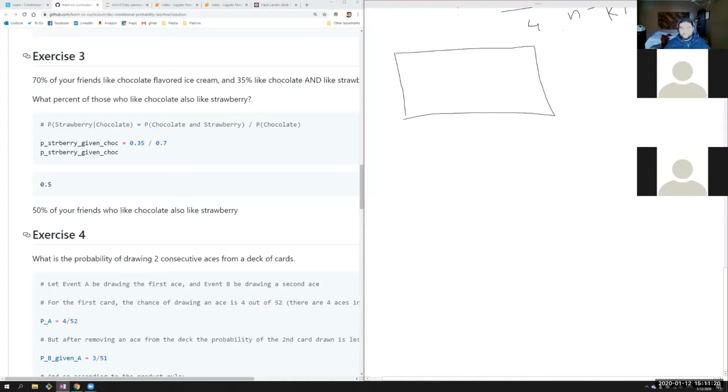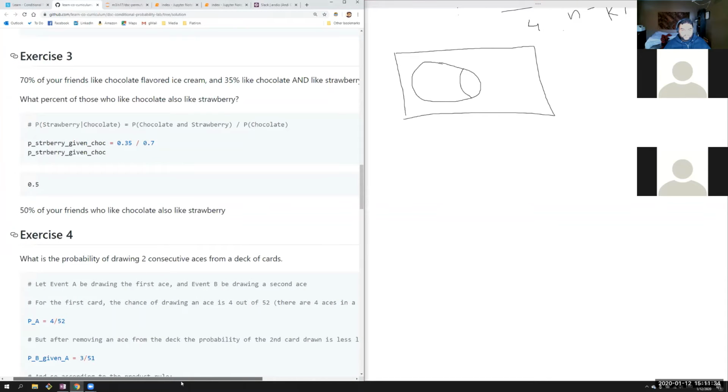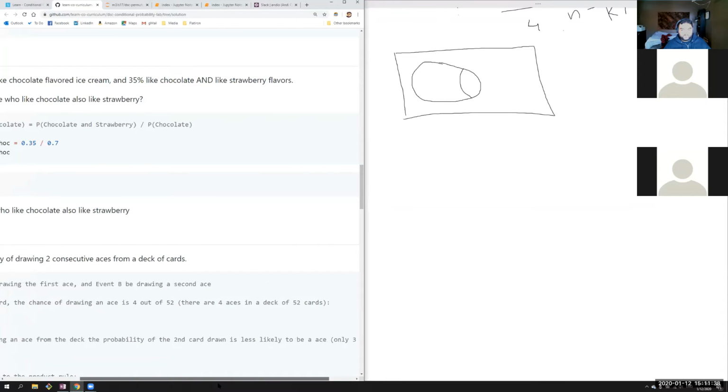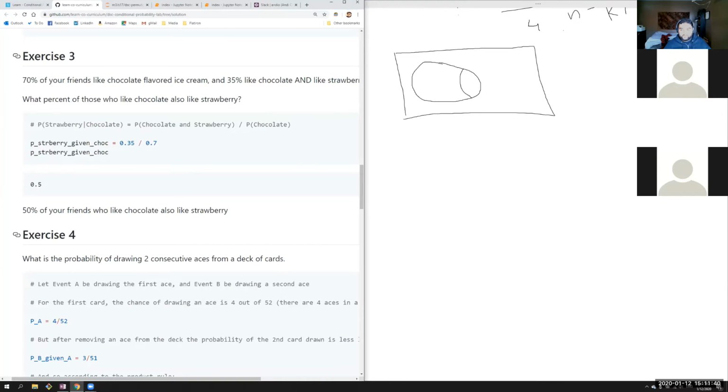So these are all my friends inside the square. 70% of them like chocolate. 35% like chocolate and strawberry. And then an unknown number of them like just strawberry and not chocolate, right?